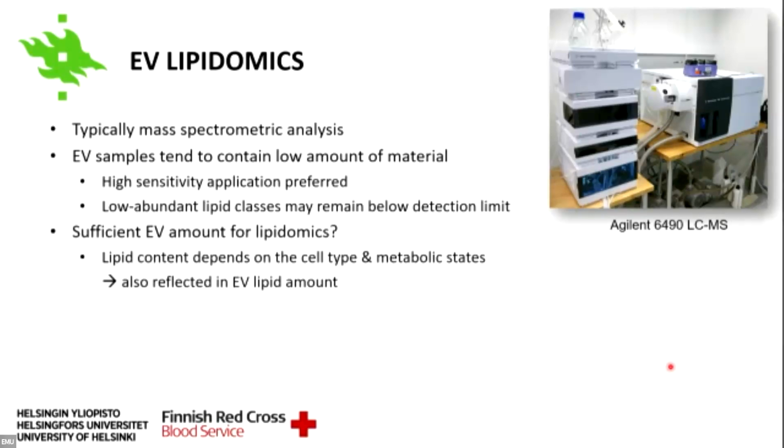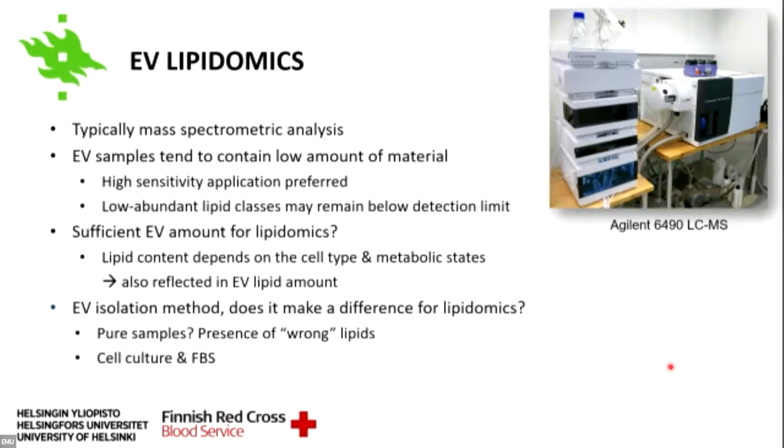Coming to that, what would be a good amount of EVs for the analysis? It really depends on the cell type they originate from, because different cells have different amounts of lipids, so it's hard to say for sure. The EV isolation method also makes a difference.